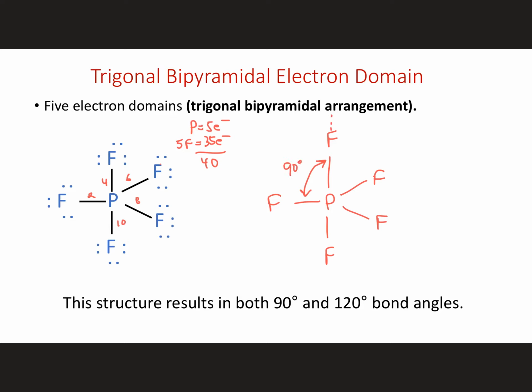The axial position, think of the Earth's axis, and the equator, the equatorial positions, the positions around the middle. For those positions, those bond angles are 120 degrees apart. So I've got two distinct bond angles: 90 degrees from the axis to the equator, and then around the equator, each of those fluorine, phosphorus, fluorine bonds are 120 degrees apart.